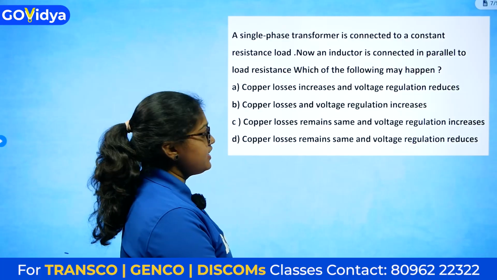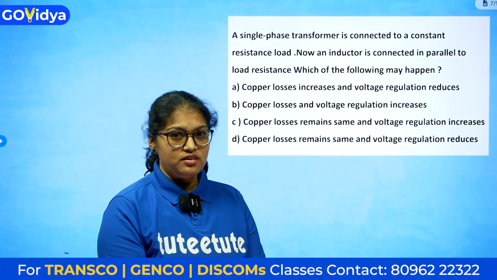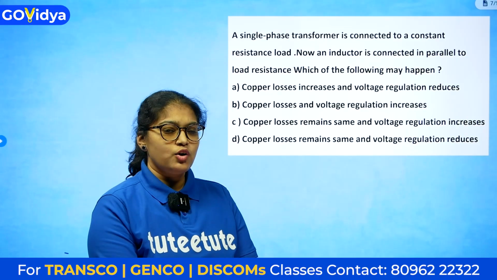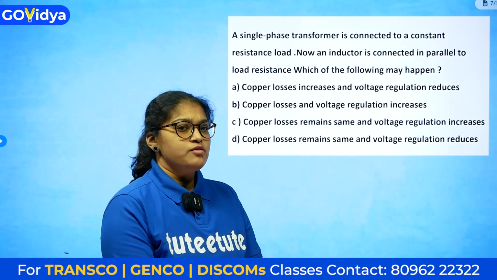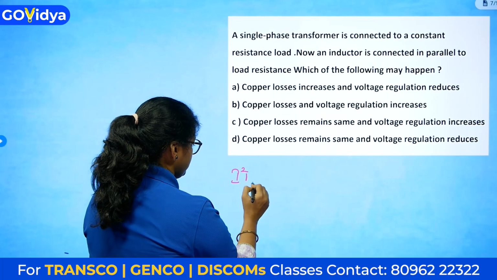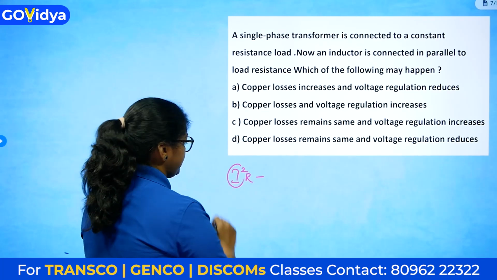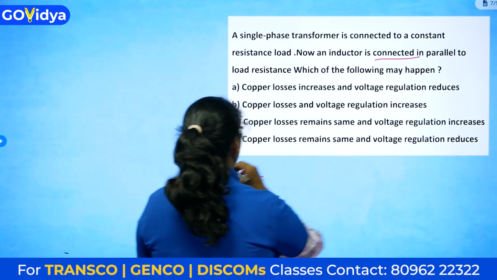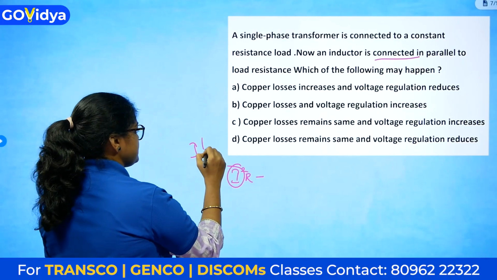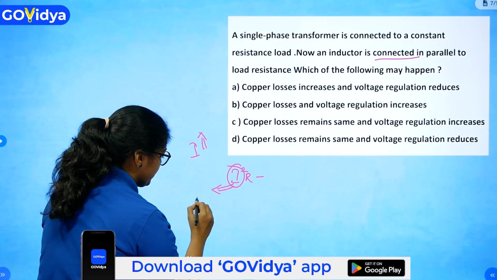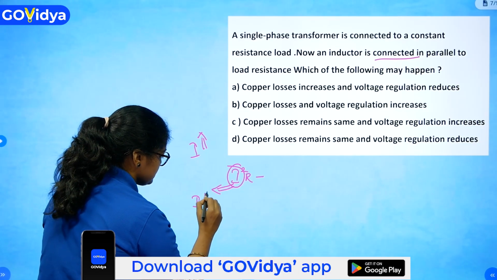If the current is very high, then what happens to the copper losses? Copper losses are I square R losses, so they depend upon the current. If you are connecting in parallel, definitely the current will increase. If the current is increasing, definitely the copper losses will also increase.